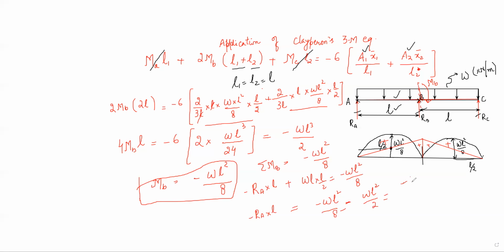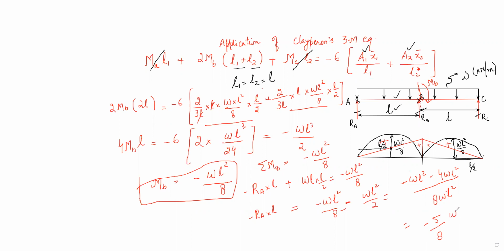That's equal to minus WL square, sorry, it will be WL square by 8. And we're also having minus WL square. So it will be minus 5 by 8 WL square.